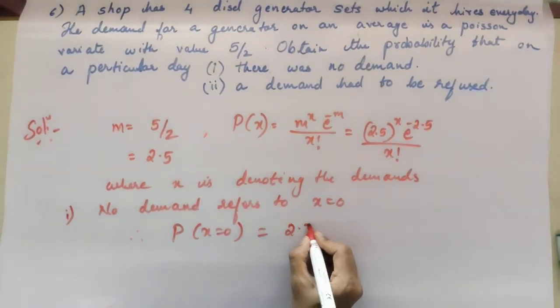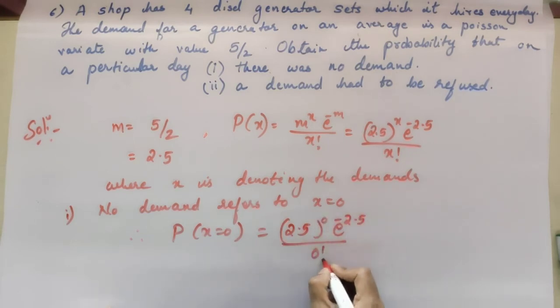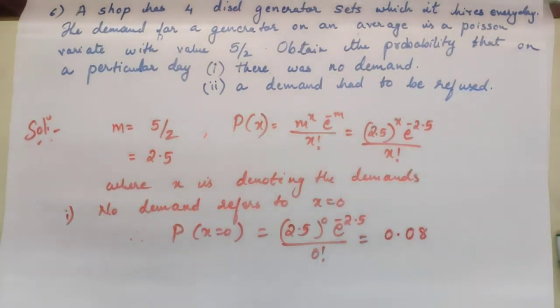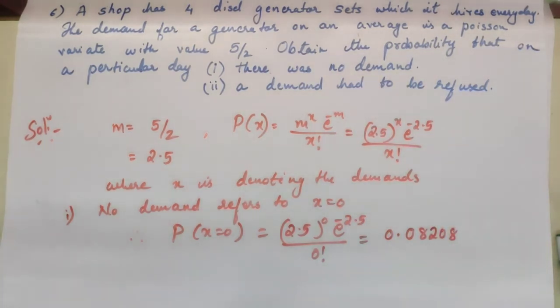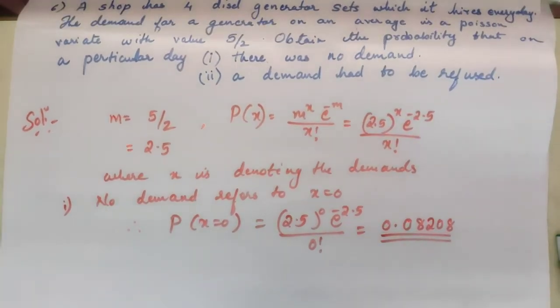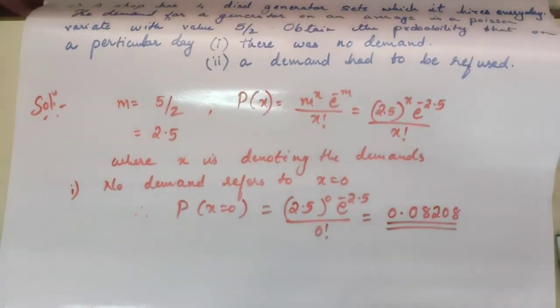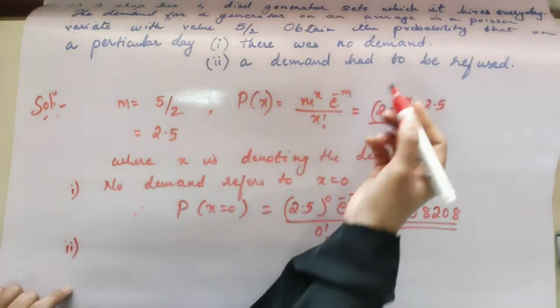So it will be 2.5 raised to 0, e to the power minus 2.5, divided by 0 factorial. If you substitute all these values in your calculator, you will end up with 0.08208. So this is the value for no demand on a particular day.